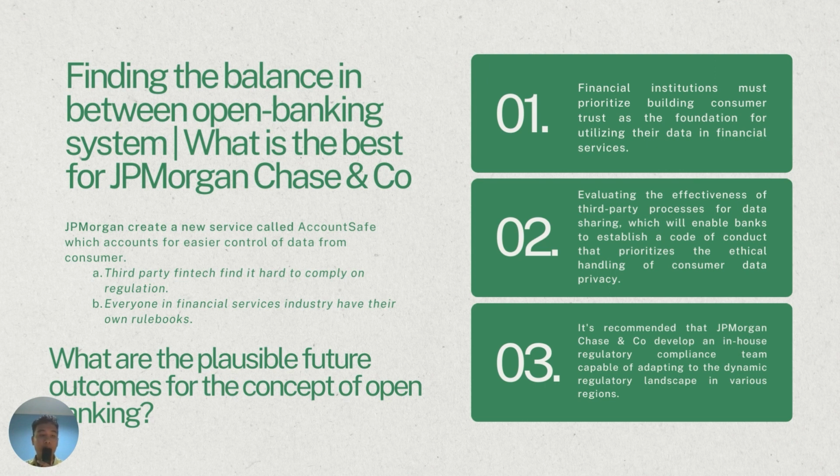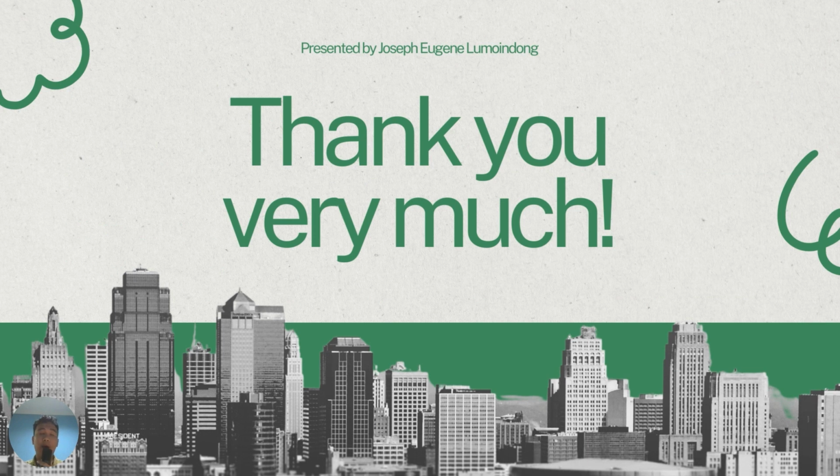So that's all from my side about the analysis of JP Morgan Chase and Co regarding the open banking system, what the keys are to find the balance between the open banking system and also the gap and also the risk of open banking system, and how to tackle the risk of open banking system itself.